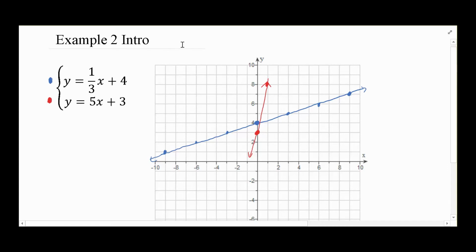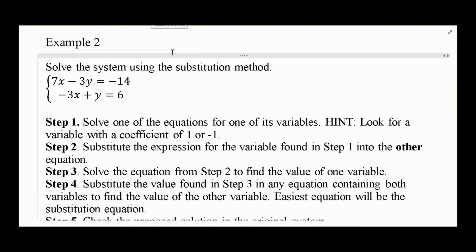Let's look at an algebraic method. The first algebraic method I want to look at is called the substitution method. I have some steps written out here, and we'll go through them in just a moment. It's going to be more obvious as we go through the actual example itself.